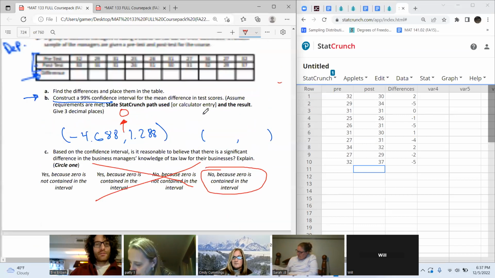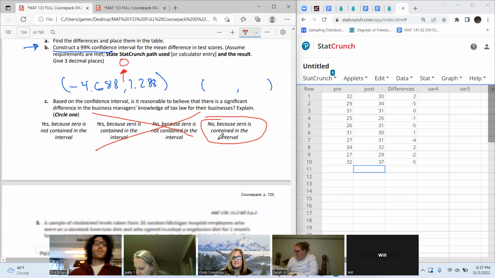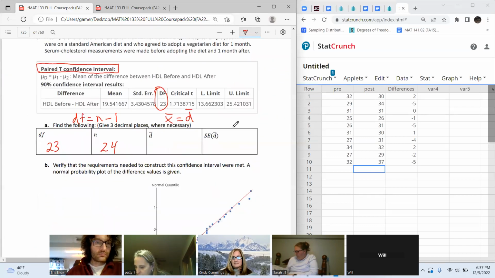The reason we put D bar is because we've subtracted all these paired values from these two different measurements and turned a 2 sample into a 1 sample. But that 1 sample is comprised of a set of differences. We then calculate the mean of all those differences, hence D bar.